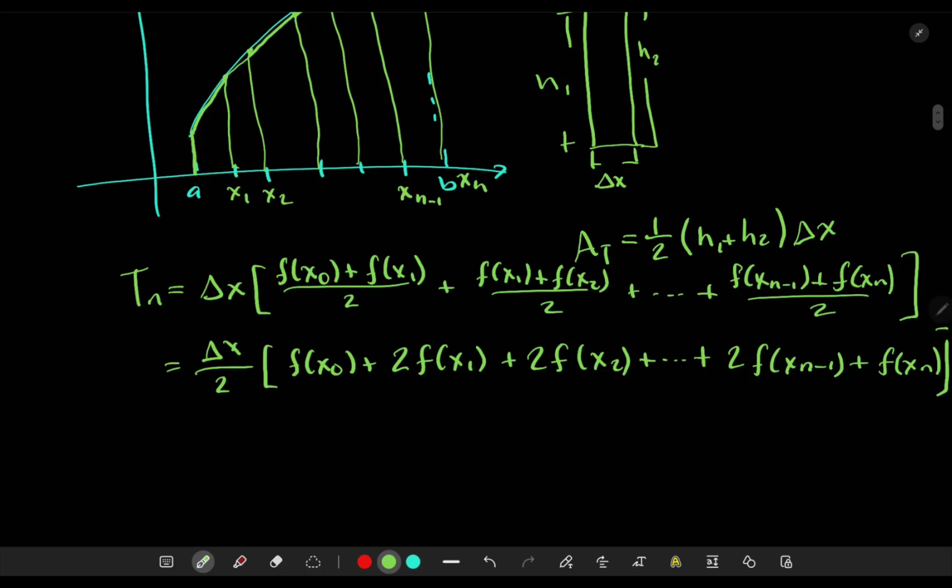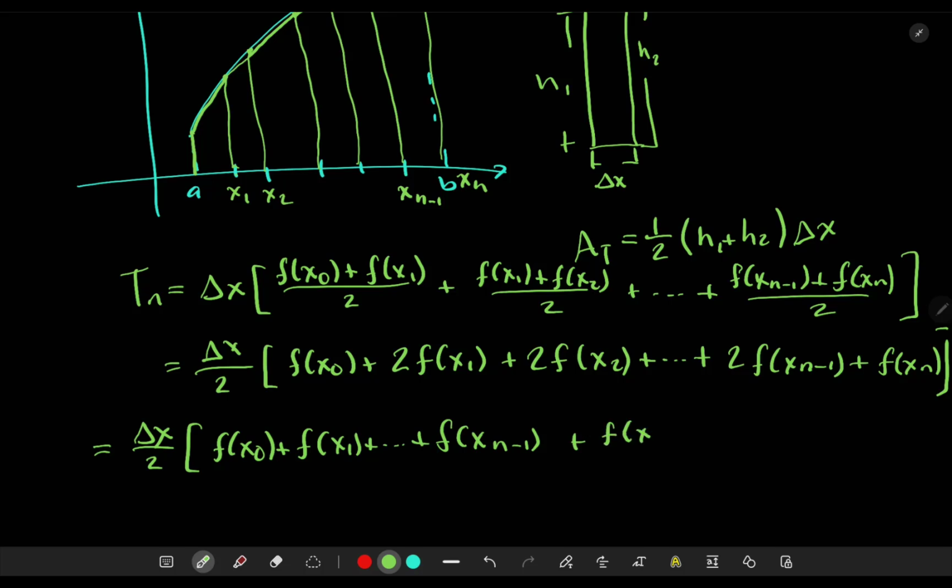But now, you can also rewrite this, and you can add f of x naught plus f of x1 all the way out to f of x n minus 1 first, and then you're just separating them out, and then f of x starting at f of x1 plus f of x n minus 1 plus f of x n.